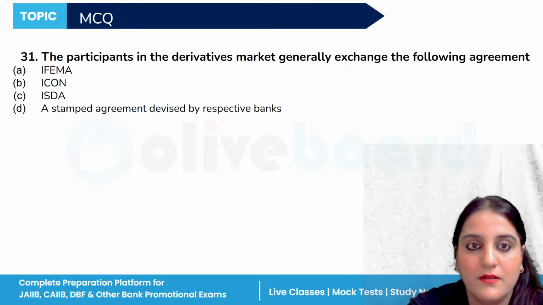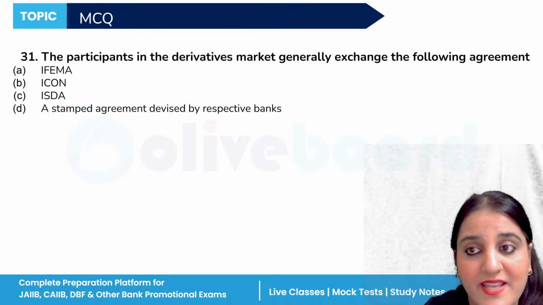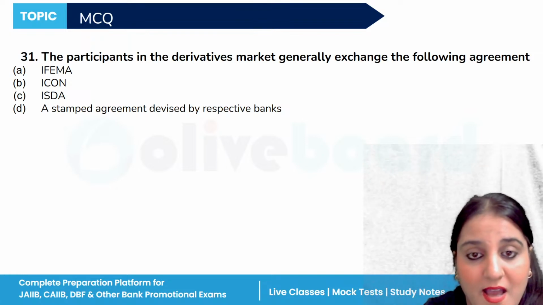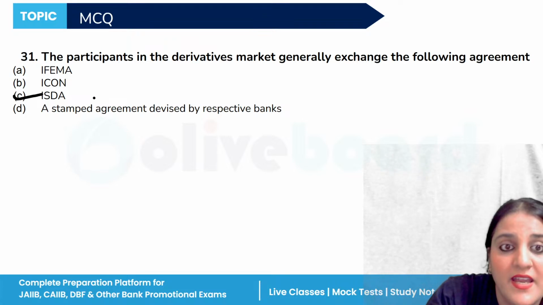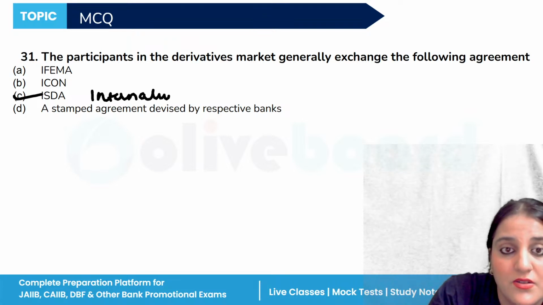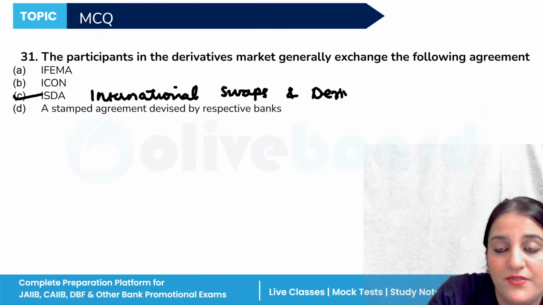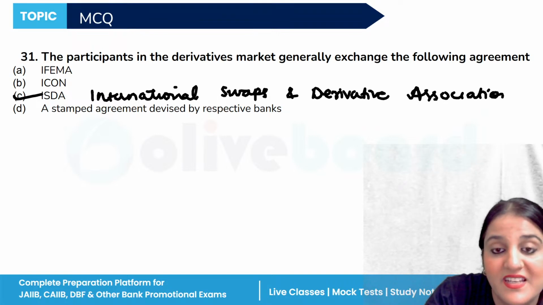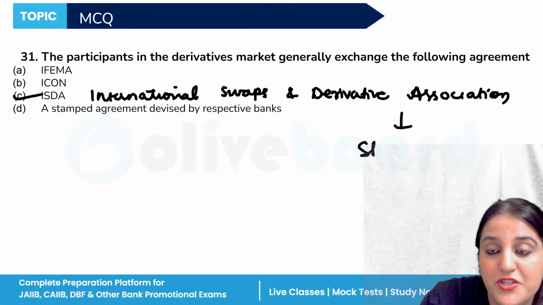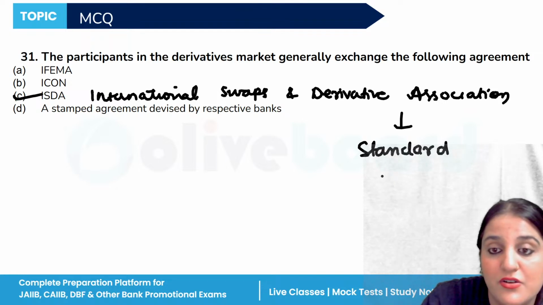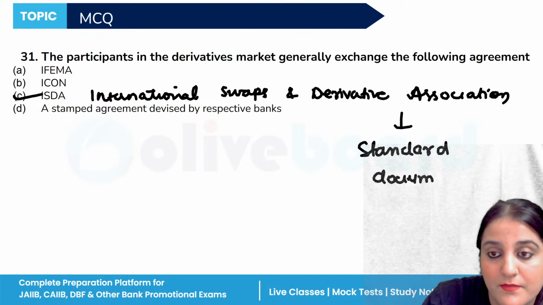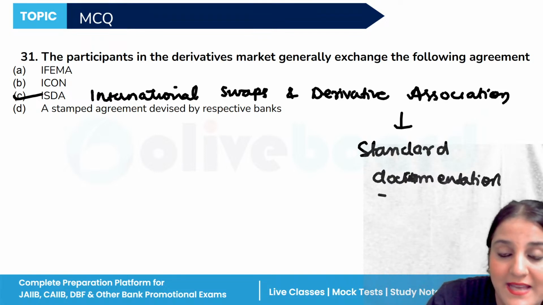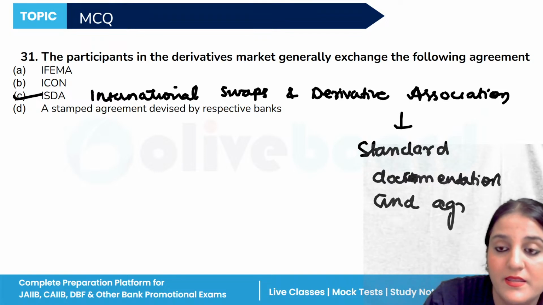Then, the participants in the derivative market generally exchange the following agreement. I think ISDA is the International Swaps and Derivatives Association, and this is basically a key player in the derivative market, which provides the standard documentation and agreements in the market.